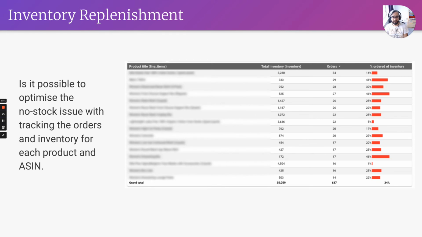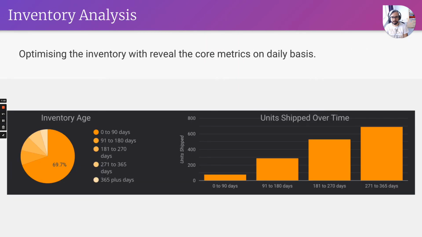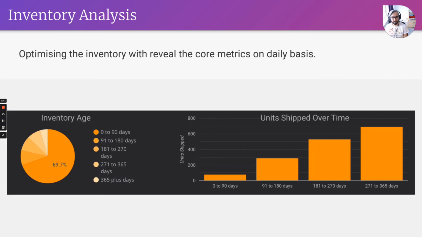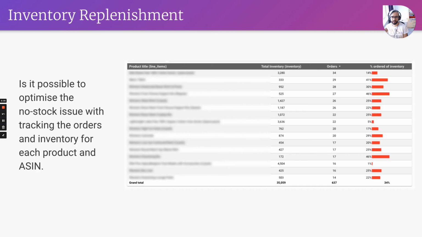And we have the inventory data, as I said here. These are the inventory age, and we are seeing the inventory age. And it is very important, because if you pay for inventory, it shouldn't be that long. We should sell the product more without keeping it in the inventory.